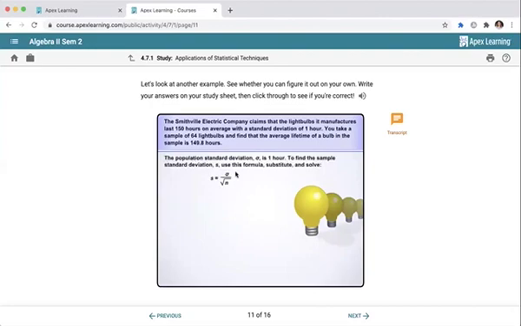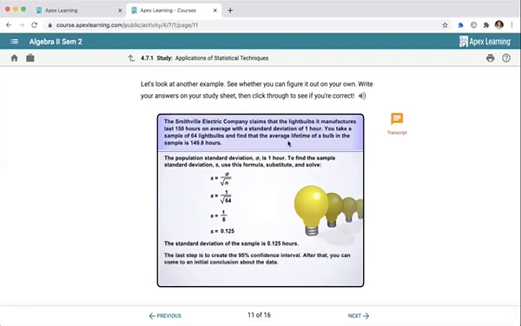Our standard deviation is 1 hour, based on what they told us. So sigma here is 1 hour for the standard deviation of our population, and we put it over the square root of 64 because that's how many light bulbs we tested.